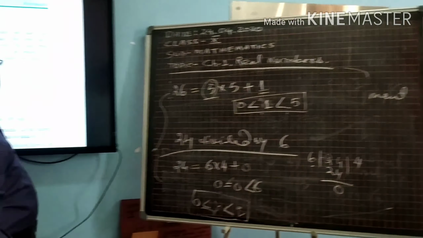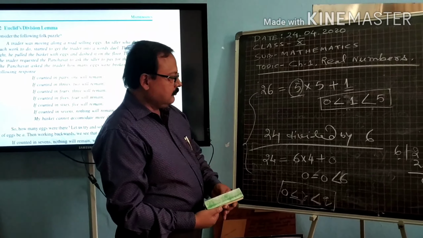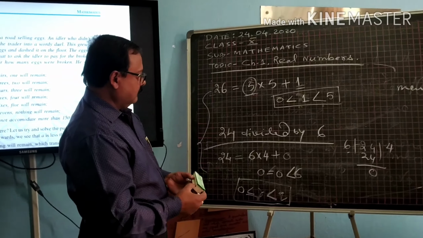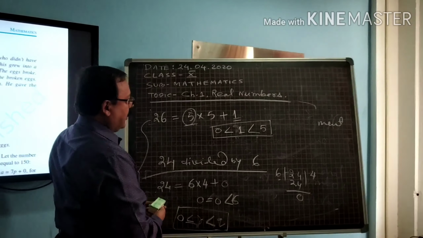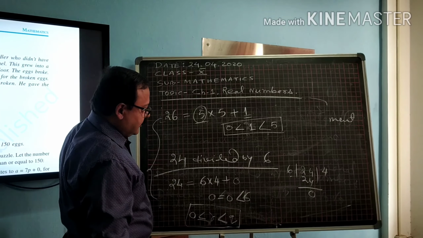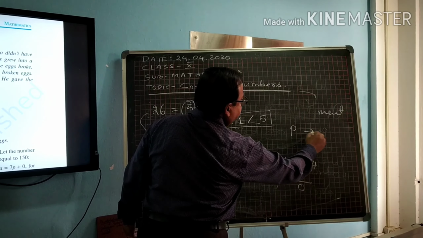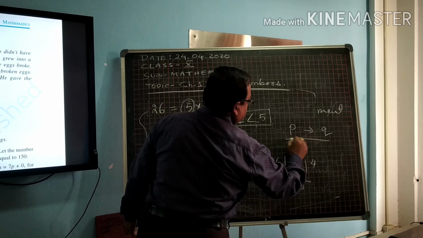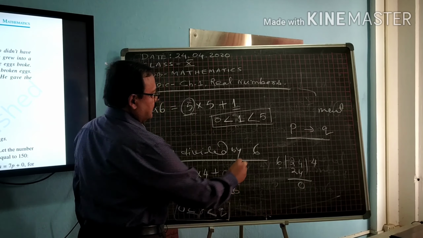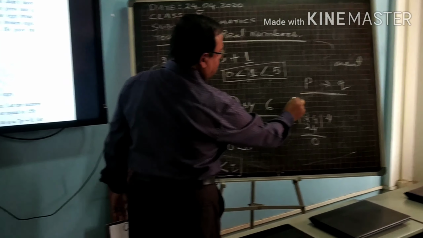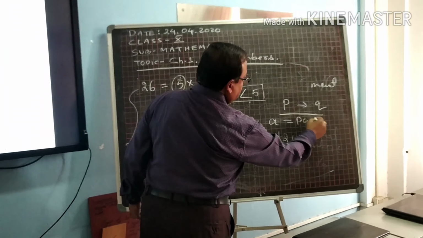Then if we divide a number P by another number Q, suppose A is any real number, that is the dividend, then we will get A equals PQ plus R.